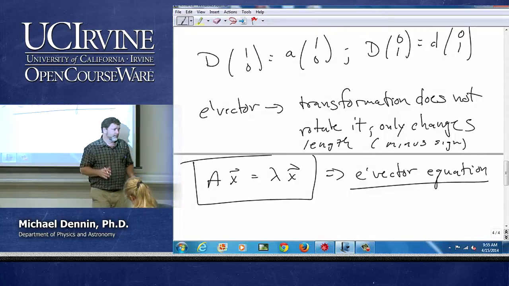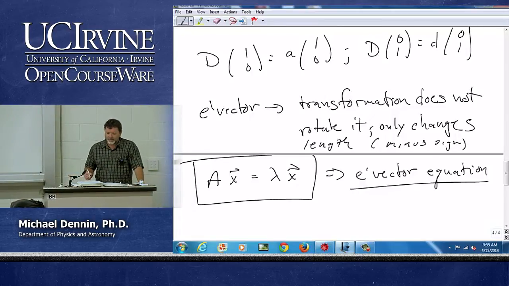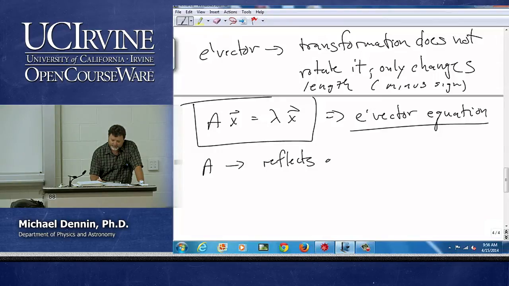Now, physically, since I said this is something that does not change the direction of the vector, only its sign, imagine that A is the transformation that reflects about the line along 30 degrees above the x-axis.